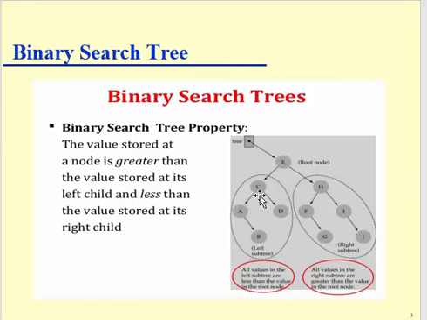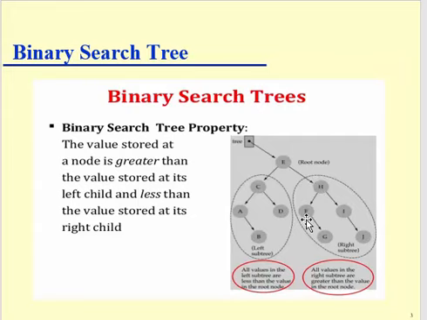Like, alphabetically, if you see that C, A, B and D, they will come before E, so you can imagine they are lesser than E. So all the values here are lesser than E, and all these values like H, F, I, G and J are coming on the right hand side.